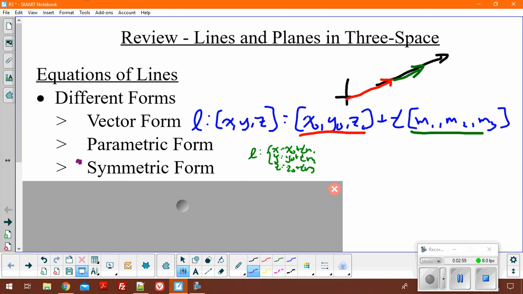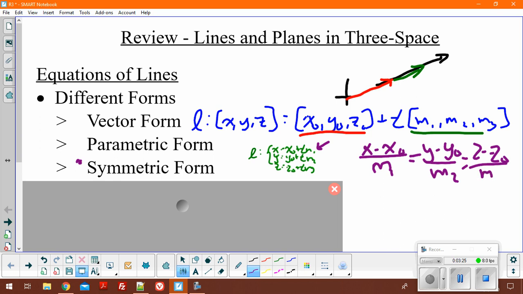For example, if I took my first parameter and solved that for t, I would end up with t is equal to x minus x naught over m1. Similarly, y would be y minus y naught over m2, and z minus z naught over m3. And that's what the symmetric form of the equation looks like.